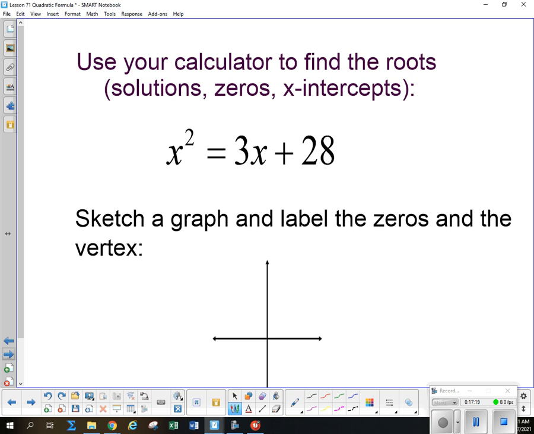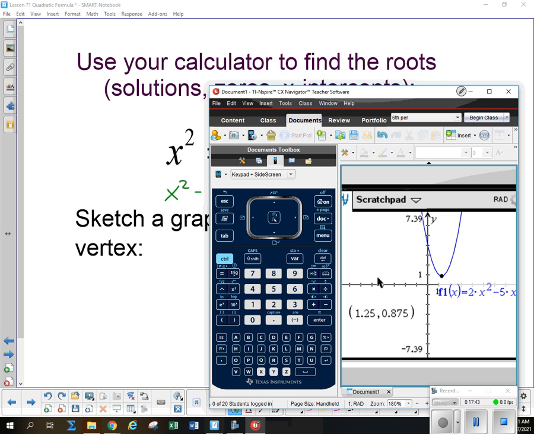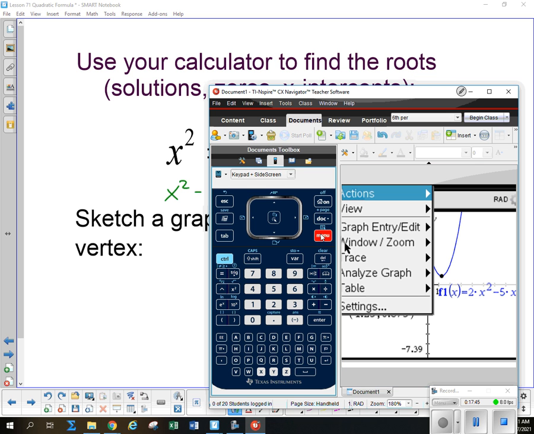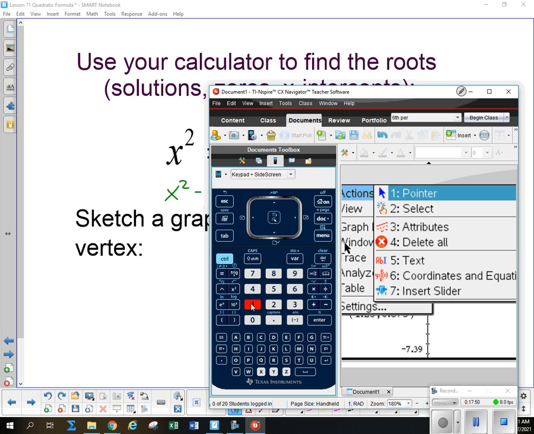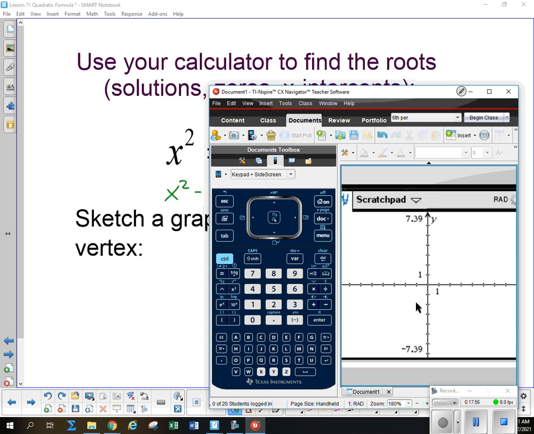Okay, same equation now, but now we're going to say that was x squared minus 3x minus 28, not equal to 0 now, but equal to y. And now we're going to put that one in on the graphing calculator and see what happens. So I'll get my calculator back up here. First thing I'm going to do is clear my scratch pad, so menu and actions 1, and I want to delete everything, which is a 4, and yes, I really want to do that.